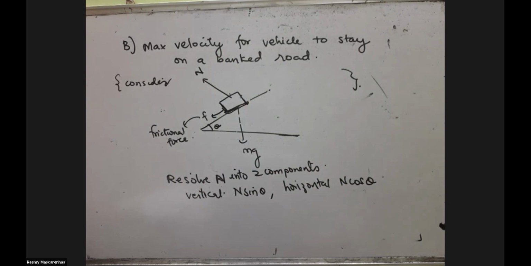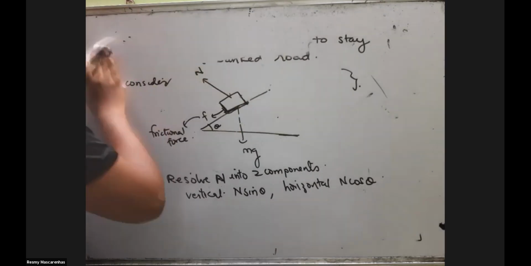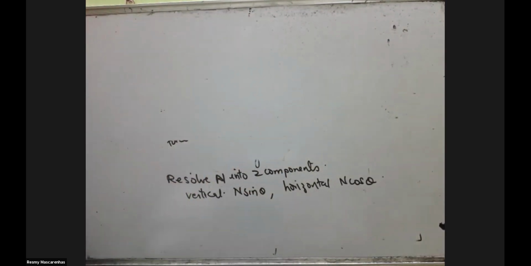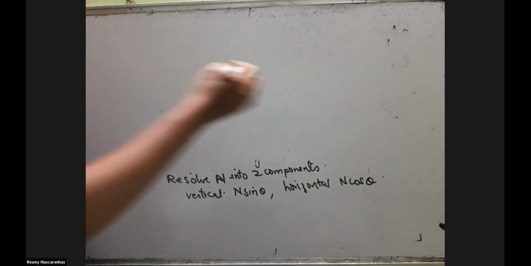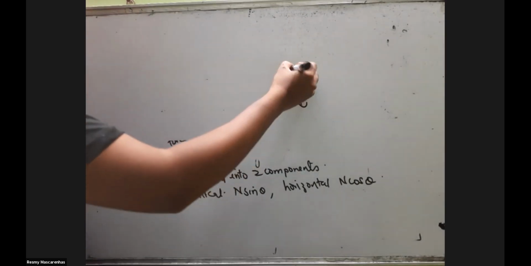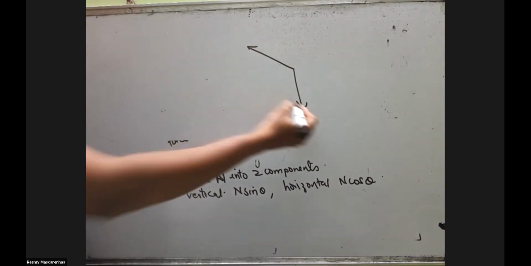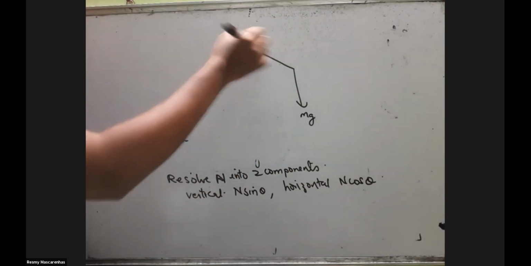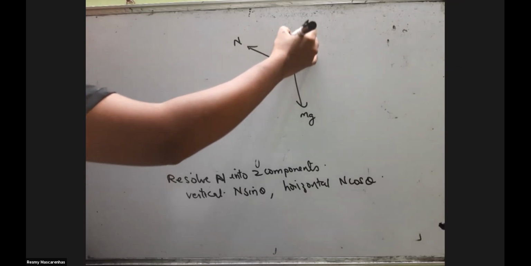So I draw the diagram again. Now just see, without a box I'm trying to draw. Suppose this was mg, this was N. So I will resolve it into two components.